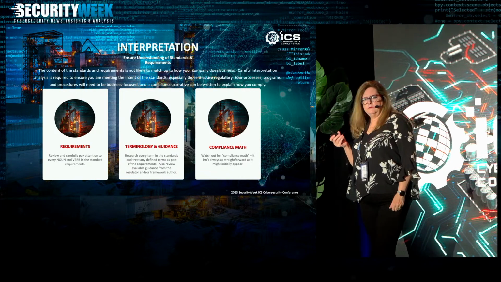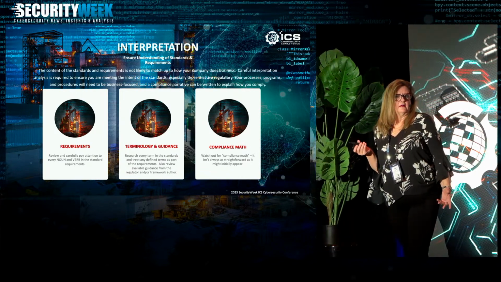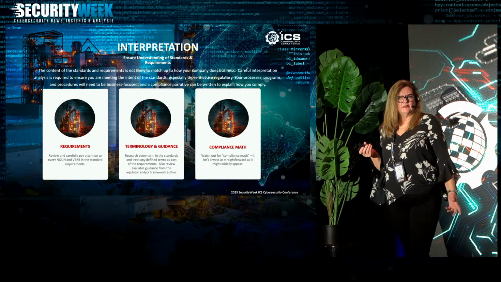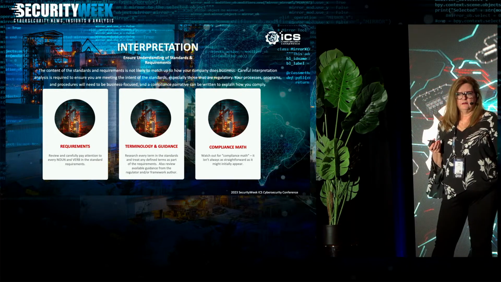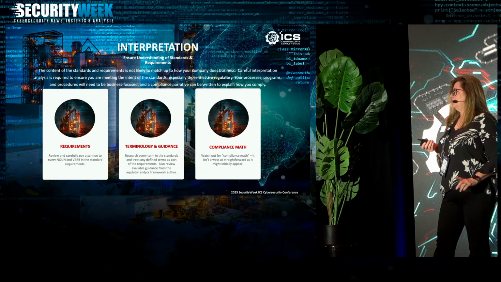A lot of times with these things, there's terminology, definitions, guidance out there. You want to take a look at all of that. It's not necessarily part of the standards, but you should do that.